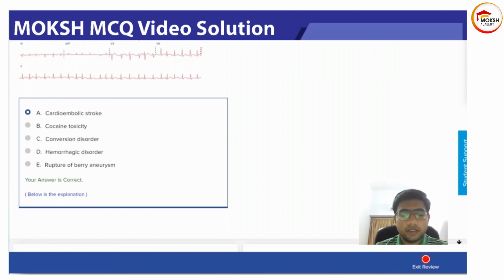Now, an extension of this question is what treatment would you be giving to the patient so that this doesn't happen again? What is the management of atrial fibrillation after they have taken care of this stroke?